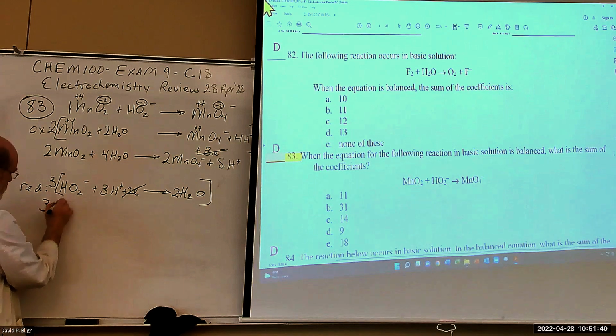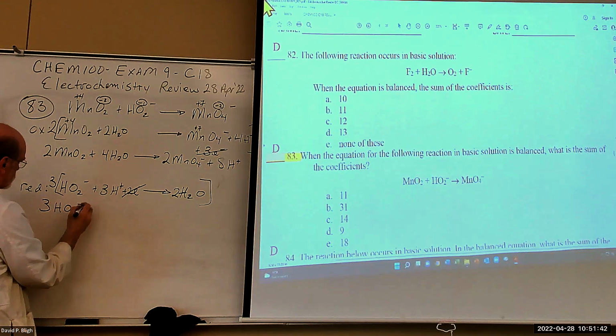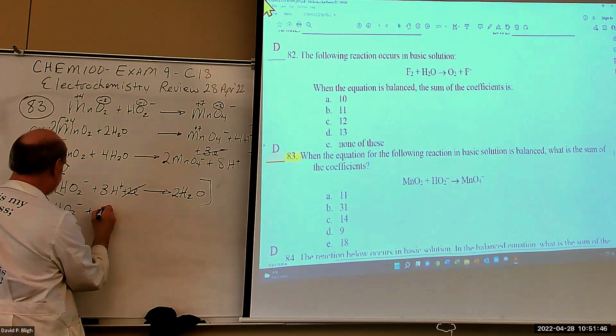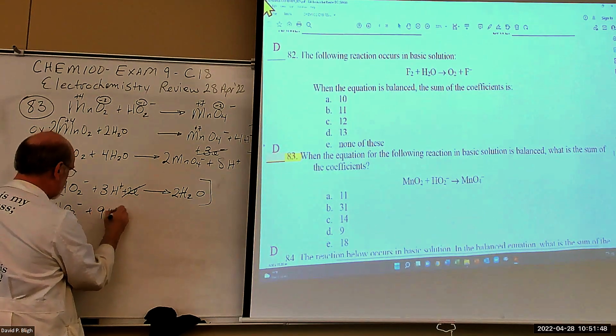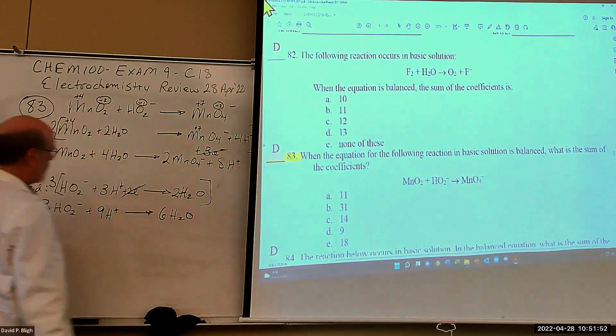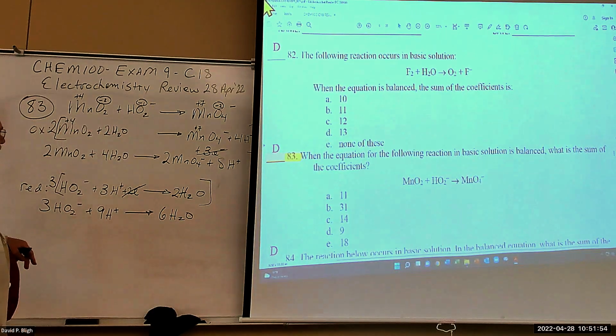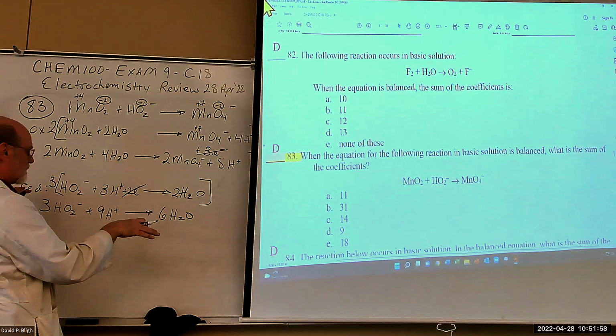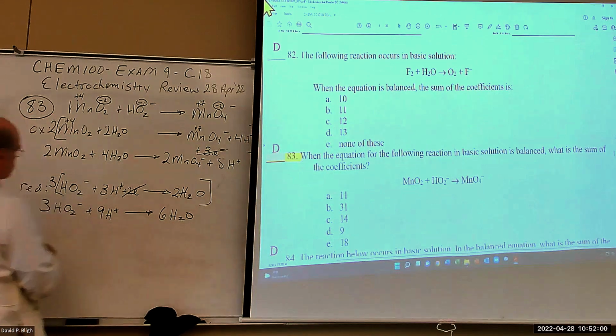This one has 3 peroxide ions plus 9 hydrogens yields 6 water. There we go. Okay. Now we have the electrons balanced. We can bring these down.